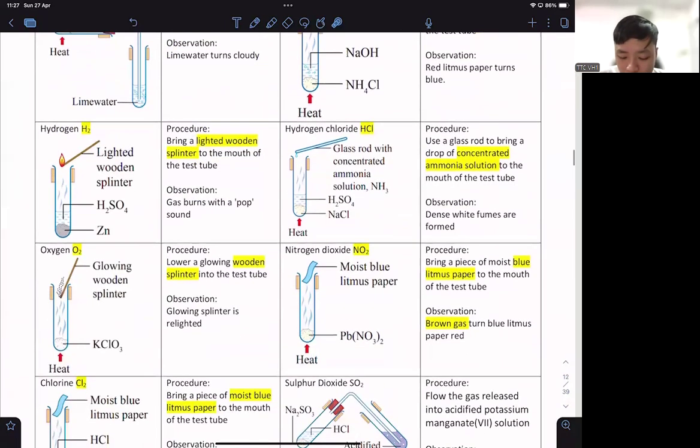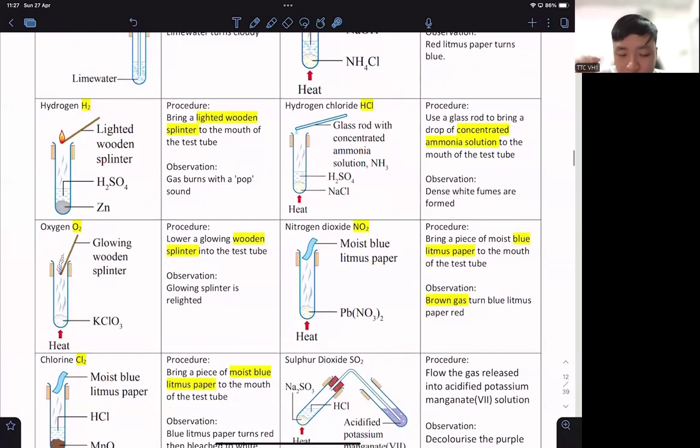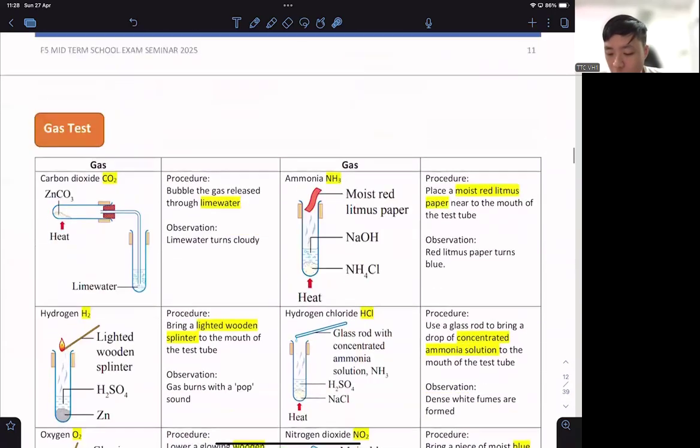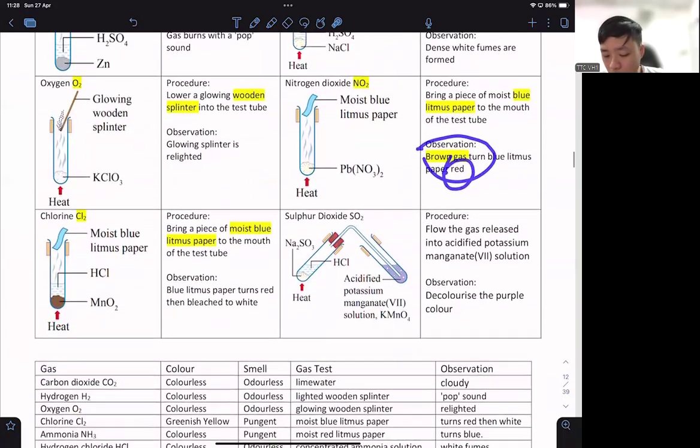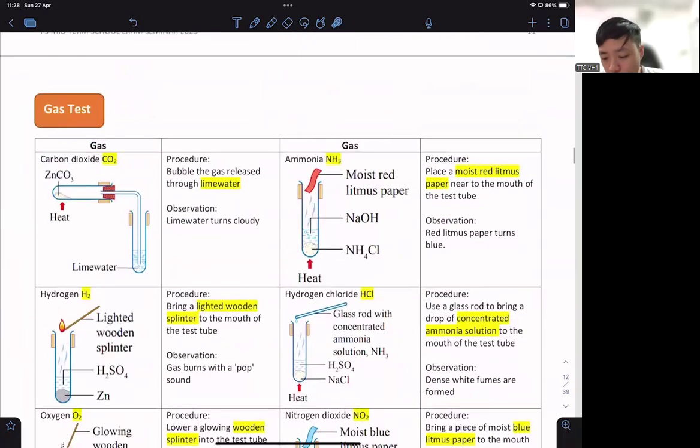Oxygen gas: the glowing splinter relights after you insert it into the test tube. For nitrogen dioxide gas, blue litmus paper turns red, and it is a brown gas. Other gases are not really asked, but you can look through yourself.